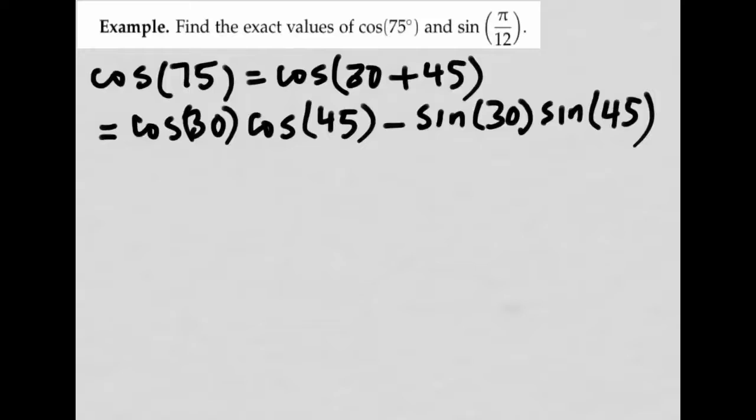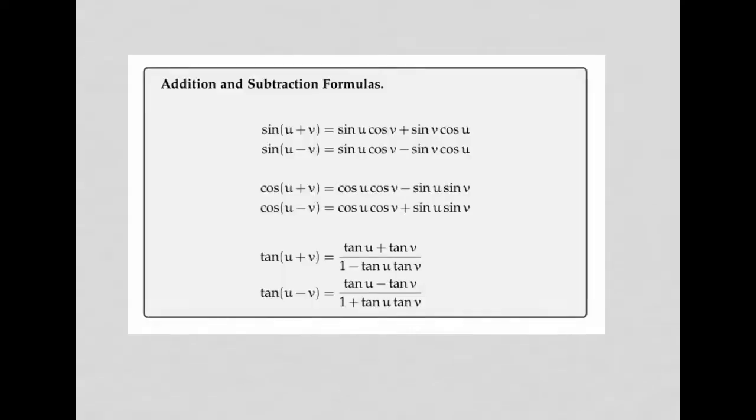Notice there's a minus sign because if you look at the addition formula for cosine, notice that cosine of u plus v is cosine u times cosine v minus sine u sine v. That's why I put a minus in the middle.